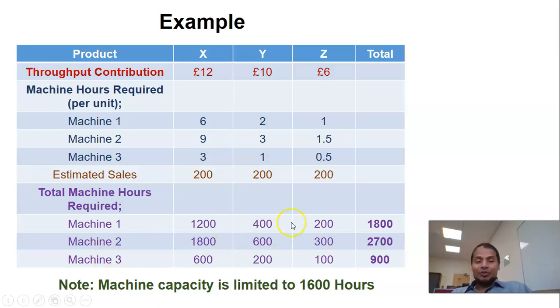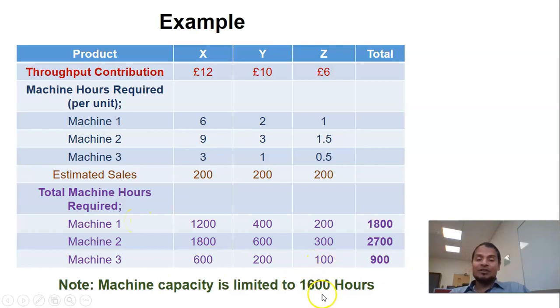To produce 200, 200, and 200 of each of these products, a combined 600 units of X, Y, and Z, we need 1800 machine hours of machine 1.